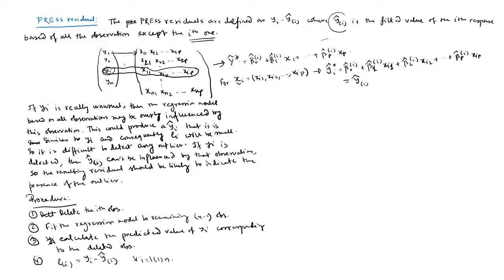And check that this e(i) is nothing but ei divided by 1 minus hii. This is the deleted residual, and ei is the usual residual, which is yi minus yi hat, where no observations are deleted. Please check. This is your homework.